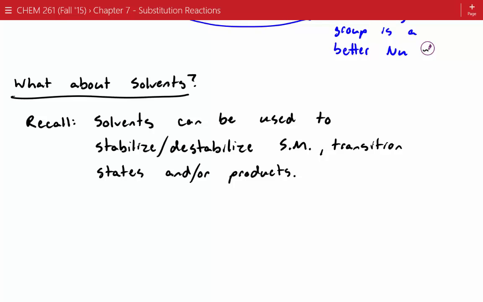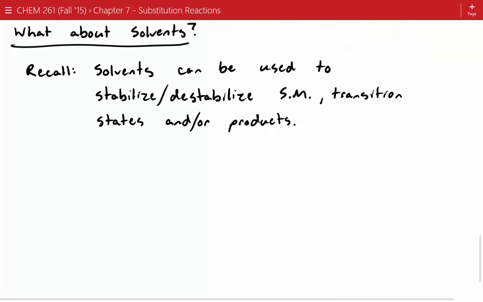So for example, with our nucleophiles, we said in aprotic solvents, we can destabilize our nucleophile, raise its energy, and lower that activation energy that's required. We can alternatively try to stabilize our transition state, bring that down, and then also lower the activation energy. So solvents are a really important tool that we have. And this also matters a lot for our leaving groups too.